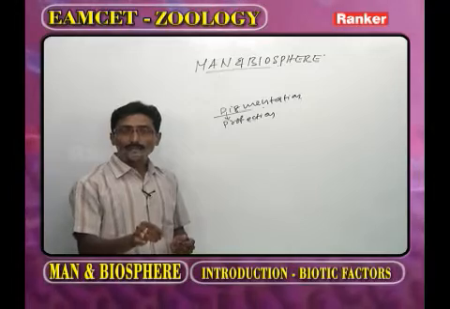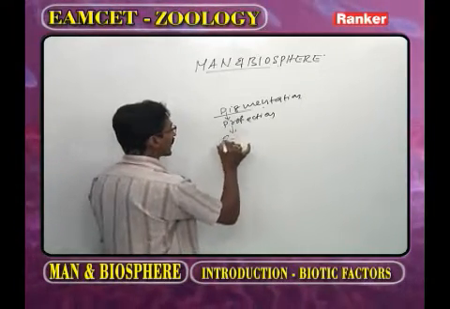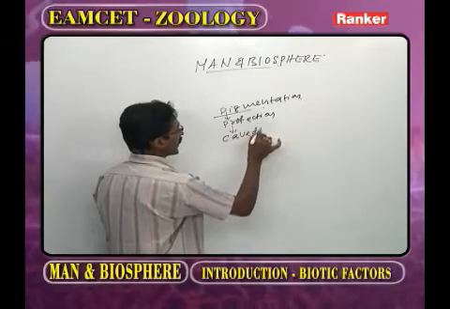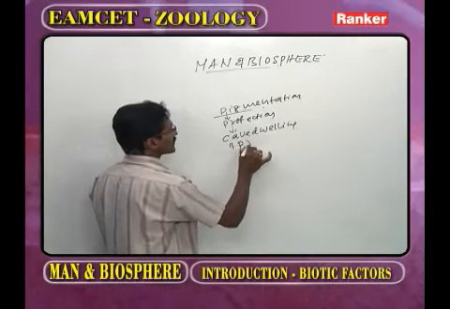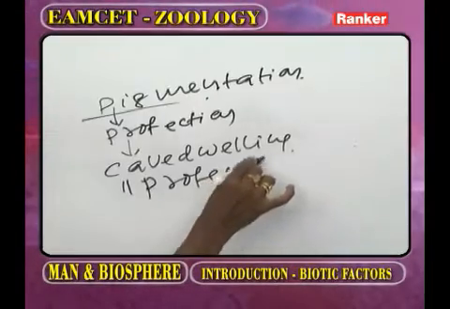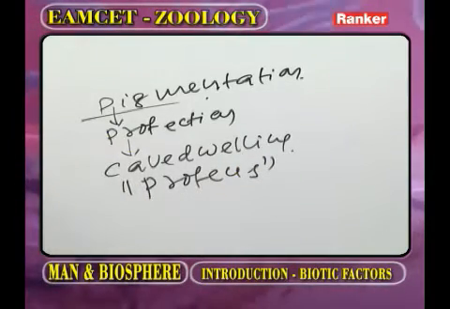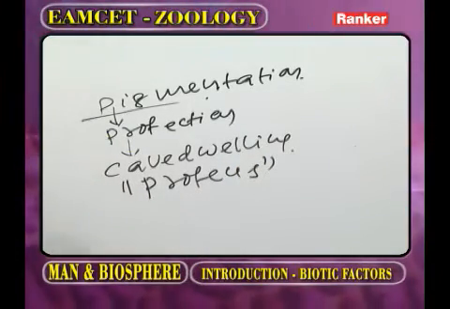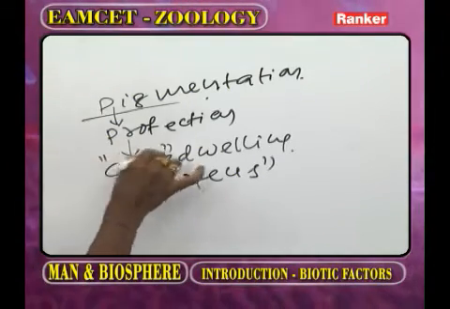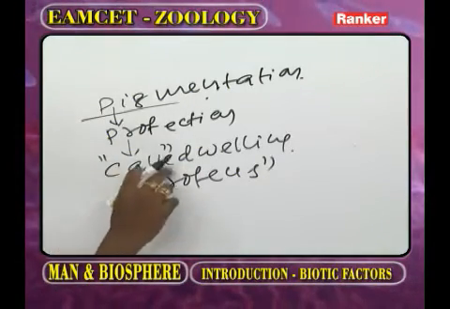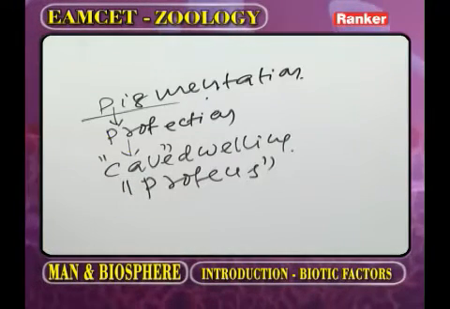But here, what is the question? In cave-dwelling animals, one example is Proteus. What is Proteus? It is a blind amphibian. Why is it blind? Because the Proteus lives in caves. Cave-dwelling animals are not exposed to light intensity.